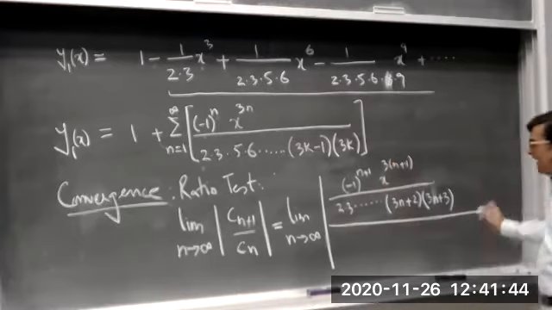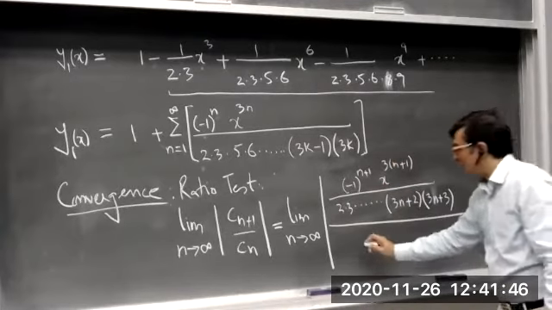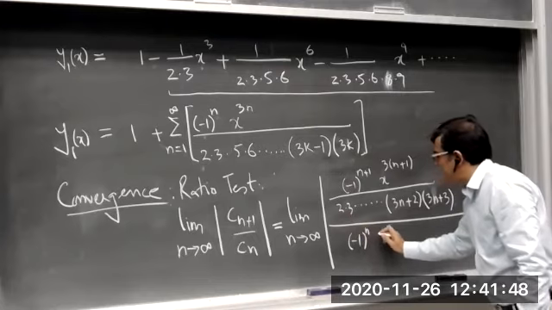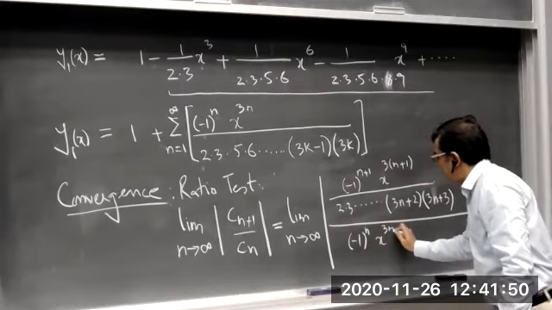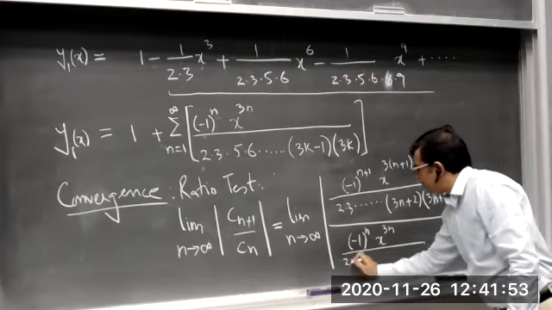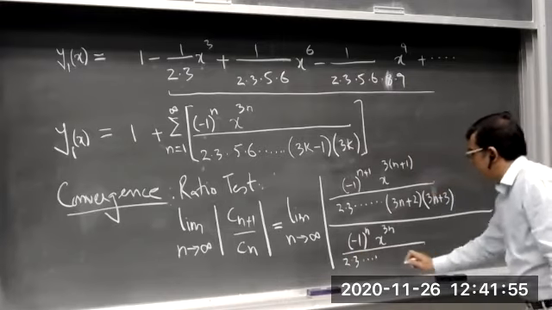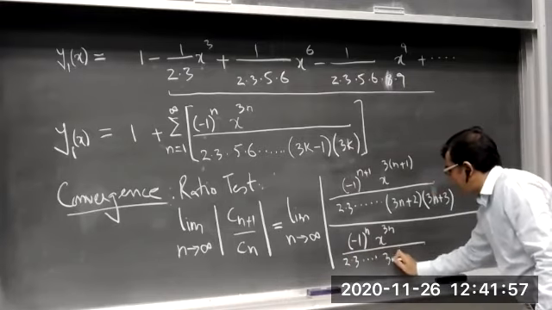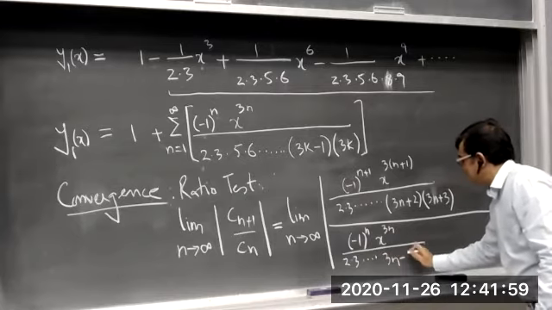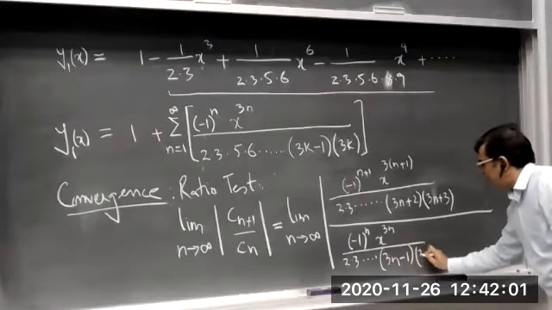Now whole divided by cn. What is cn? Minus 1 raised power n, x raised power 3n, whole divided by 2 into 3 into so on into, what will you have? 3n minus 1 into 3n.